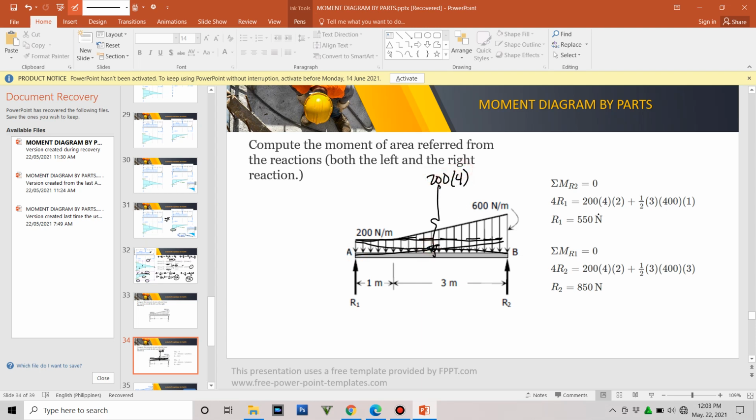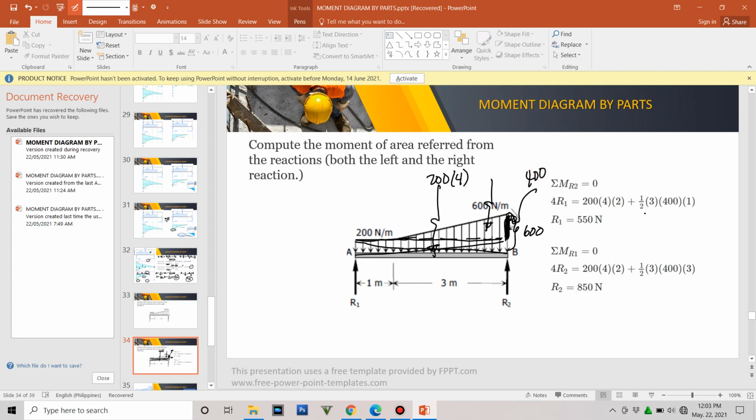So, ito yun. This is 200 times 4. Okay? 200 times 4 times half of 4, that is 2. Okay? And then, kinonsider niya man to. Ito. So, if this is 600, ano? Itong height na to, this height here for the triangle is 600 minus 200, that is 400.